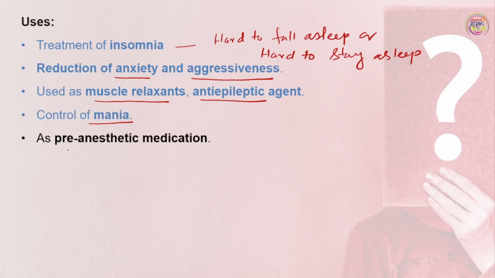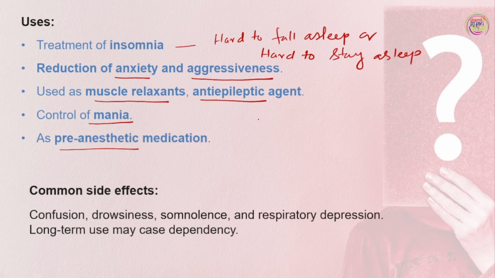These drugs are also used as pre-anesthetic medication, because after administration of these drugs, before general anesthesia, they will promote the sleep, or they will be useful to maintain the anesthetic state after administration of general anesthesia. Now, common side effects of sedative and hypnotics include confusion, drowsiness, somnolence.